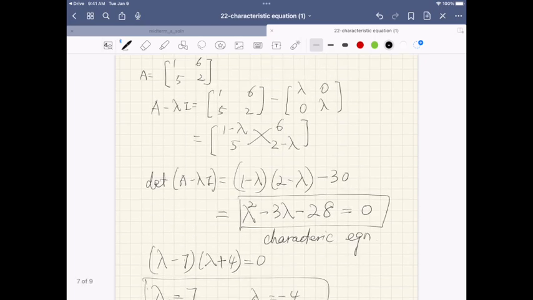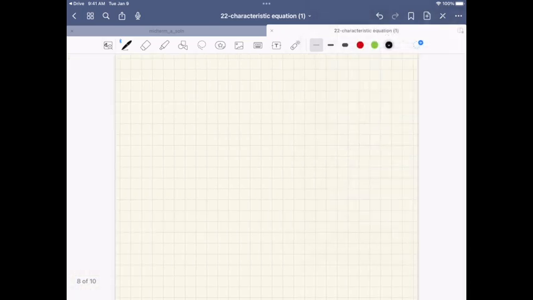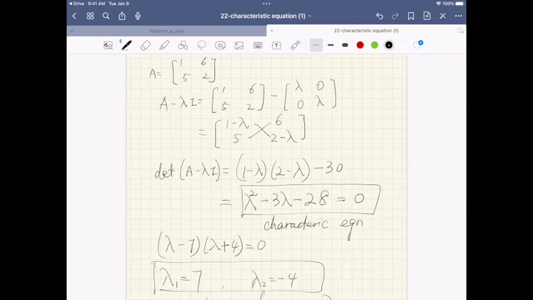So what we need to do is, for a given lambda 1 equals 7, solve (A minus lambda 1 I) x equals 0. A is 1, 2, 6, 5, so A minus lambda 1 means 1 minus 7, 2 minus 7.